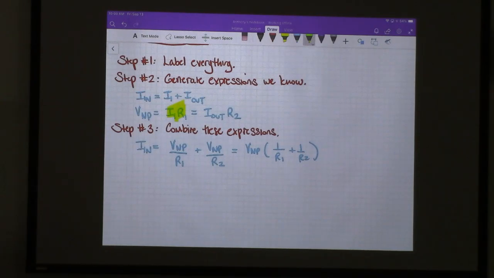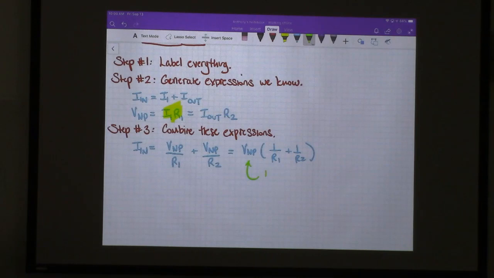One problem with this expression, right, we need I out in this expression in order to get the end result, which is I out over I in. And so what we're going to do is a little bit of the opposite of what we just did, and we know that V node pair is equal to I out times R2.